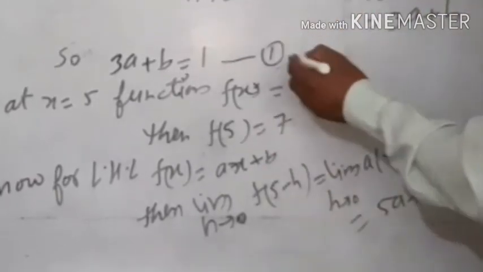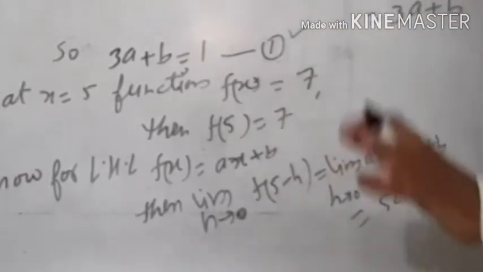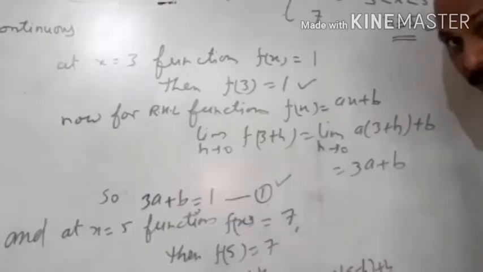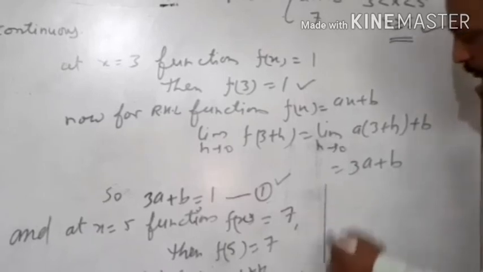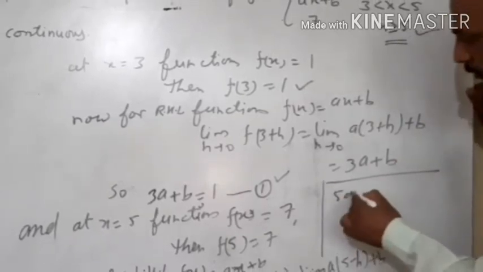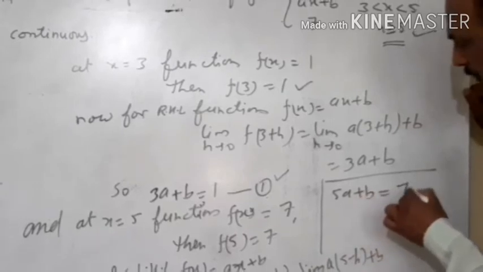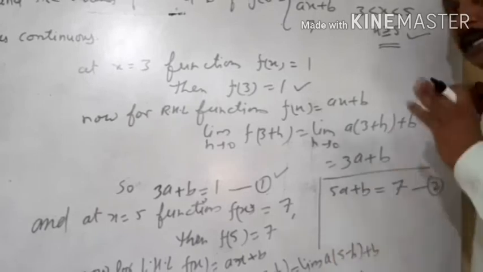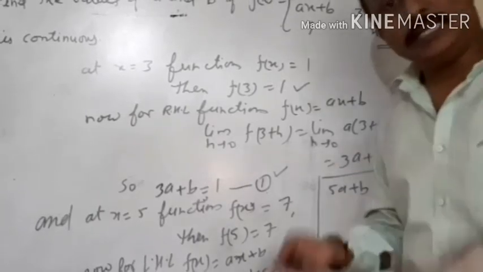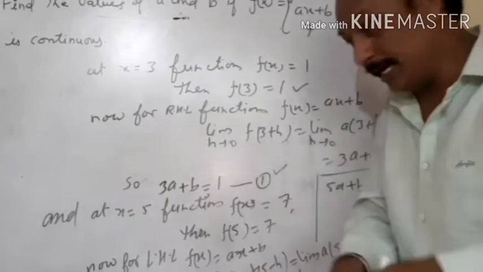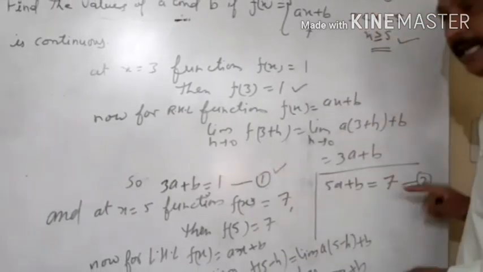Similar to this condition, we should equate them, then we get the second equation as 5a plus b is equal to 7. Okay, it is the second equation. Now, we can calculate the values of a and b by equations first and second.